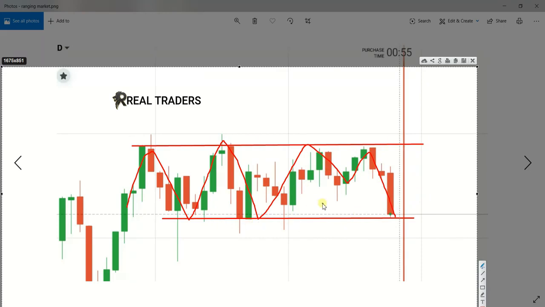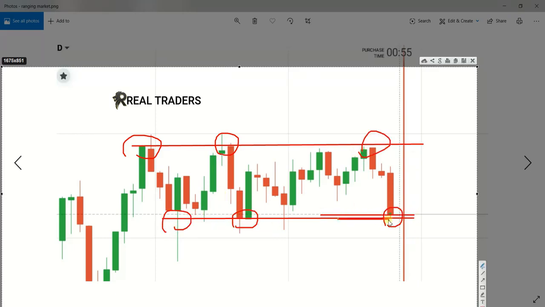This is the ranging market. And for newbies, for people who don't have much experience, I recommend to only trade on these levels, this low level or this high level. It is good, it is safe when the market closes at the level, because this is a ranging market. We can expect at least one weak bullish candle, or here also at least one weak bearish candle, and then the market may break the levels.